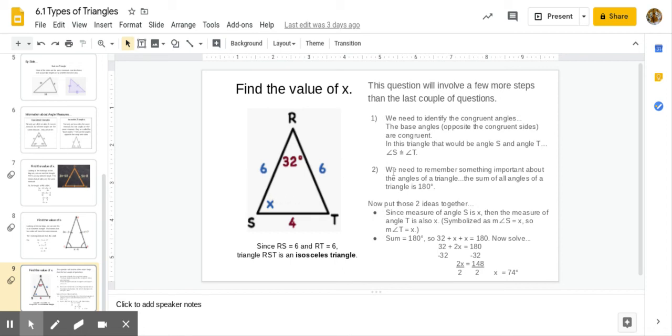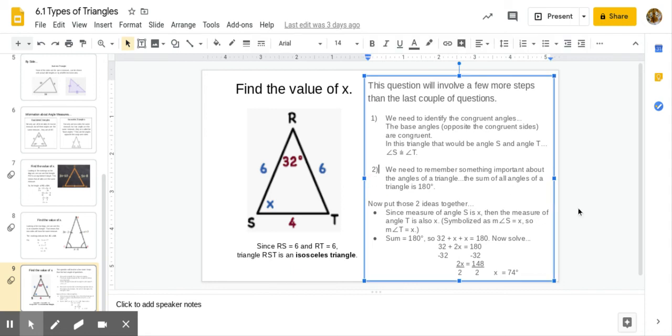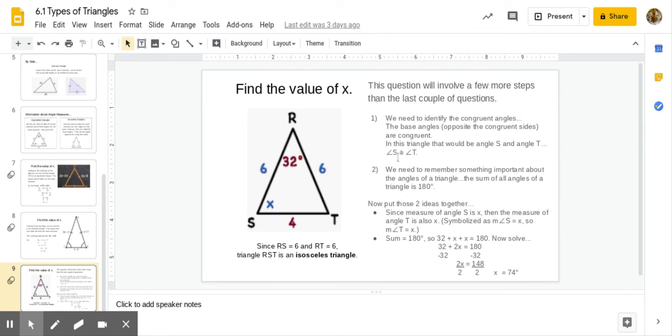Now we need to remember something that you learned back in middle school. And that is that the angles of a triangle all add up to 180 degrees. So we're going to put those 2 ideas together. We're going to look at angle S and angle T being the same, and the fact that triangles add up to 180 degrees. All right, so since S was marked with an x, T would also be marked with an x.